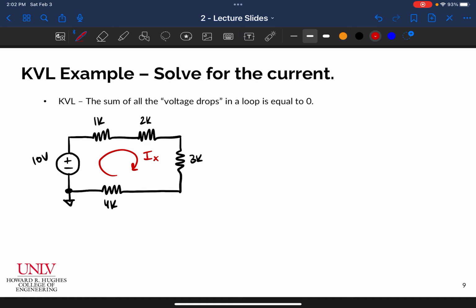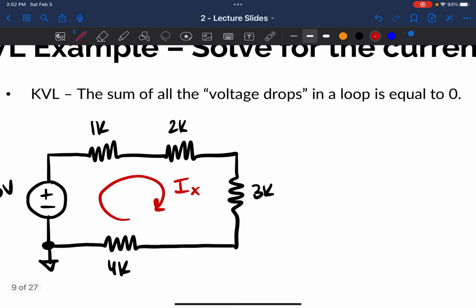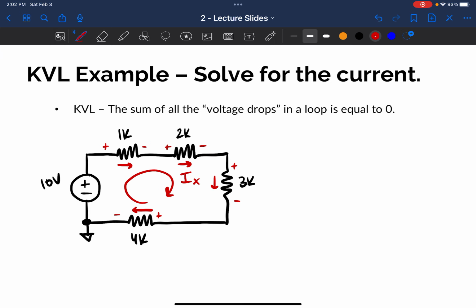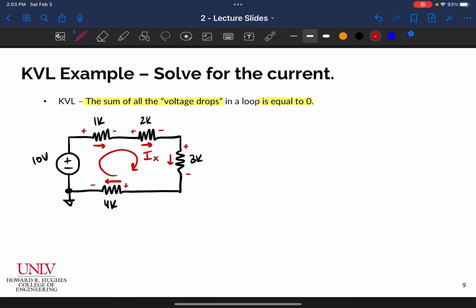From my current, I can determine the direction that the current flows in each resistor. Based on that, I can determine where my plus and minus signs go across my resistors, and that tells me the polarity with which I write the voltage drop as I go around the loop. Just for review, the sum of all the voltage drops in the loop is equal to 0, which is what KVL basically tells us.